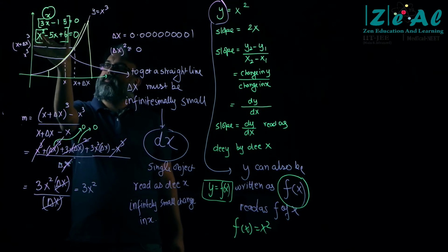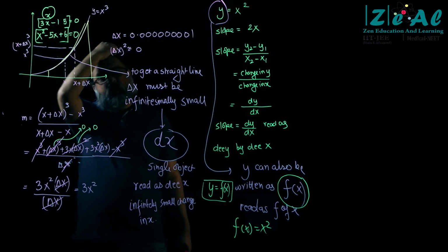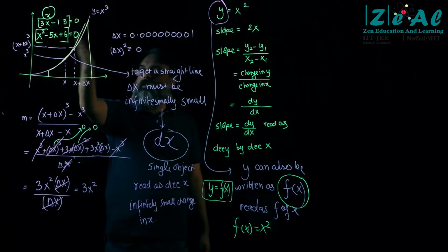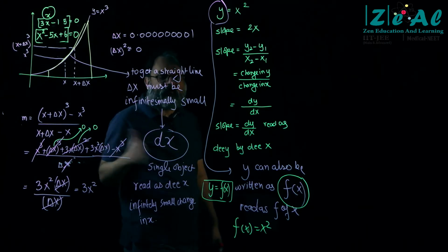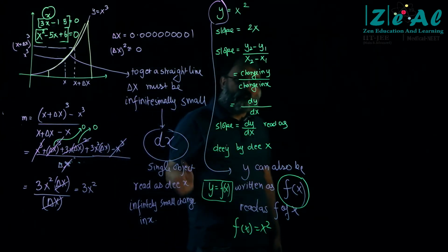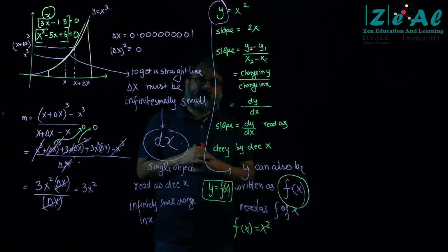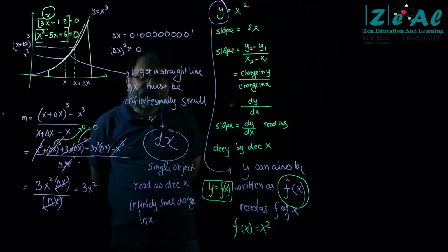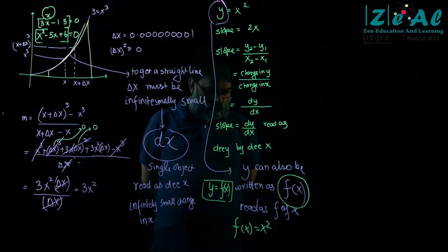So f of x represents this expression. Y is equal to x square minus 5x plus 6, I can write. So I can replace that by f of x is equal to x square minus 5x plus 6. Okay. So the three things.